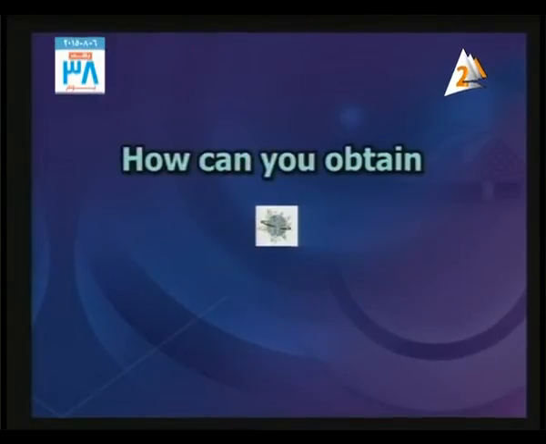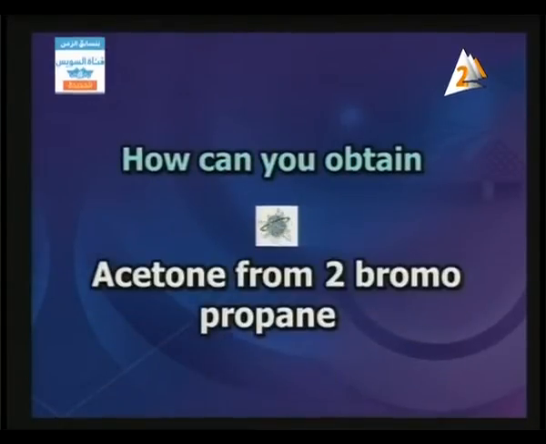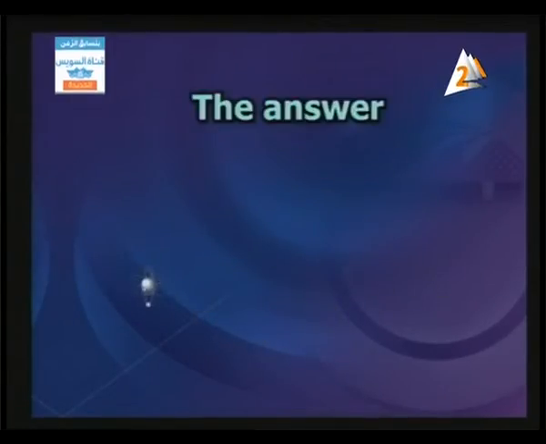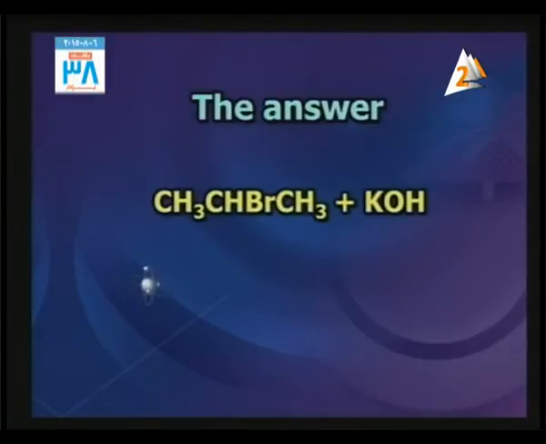This question says, how can you obtain acetone from 2-bromopropane? The main point here is acetone and propanol. So the answer is, here, CH3, CH, Br, CH3.